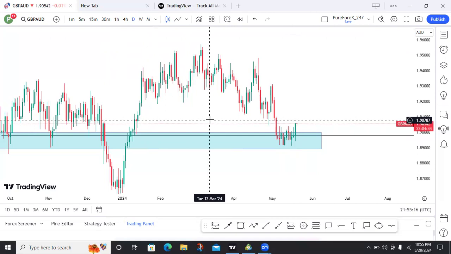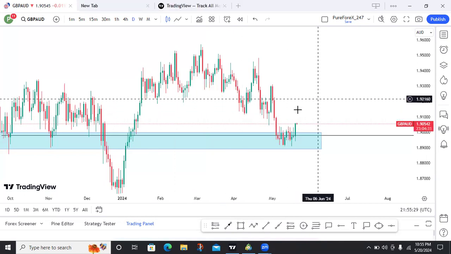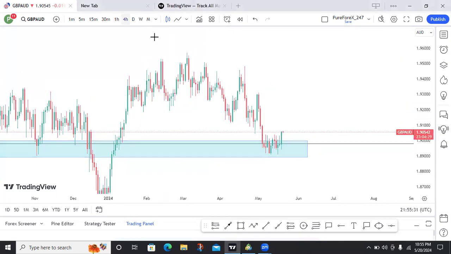If the setup is coming from the weekly, we are going to see entering on the H4 time frame, and maybe the H1 time frame as well. So let's go down to the H4 time frame, guys.